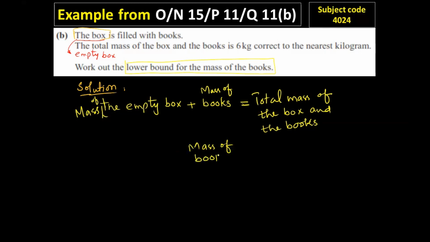So the mass of books will be equal to the total mass of the box and the books minus the mass of the empty box. You are shifting the mass of the empty box to the right hand side.